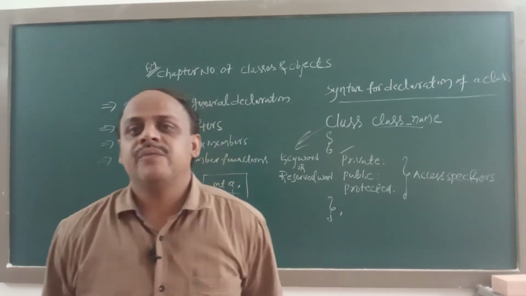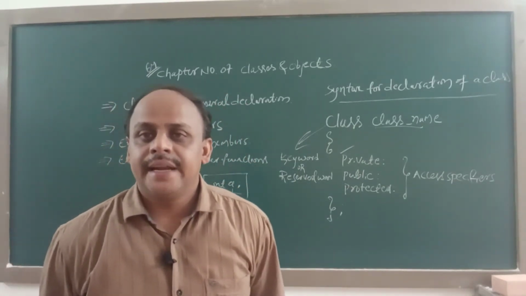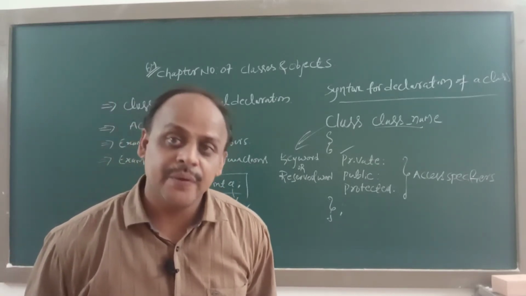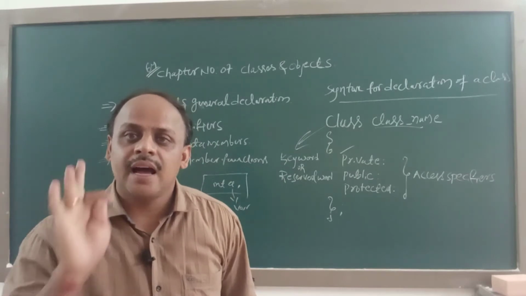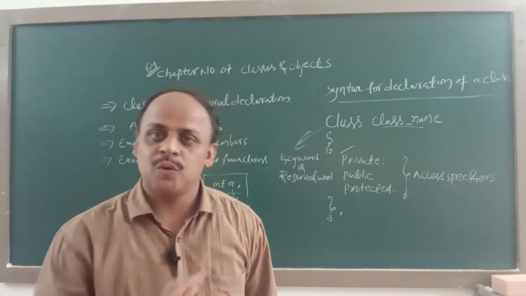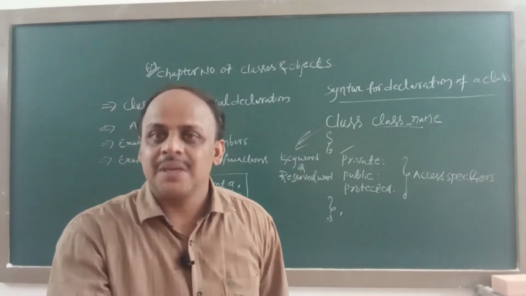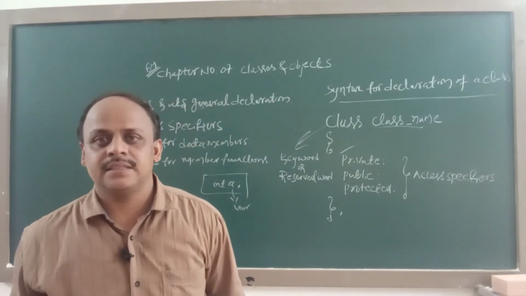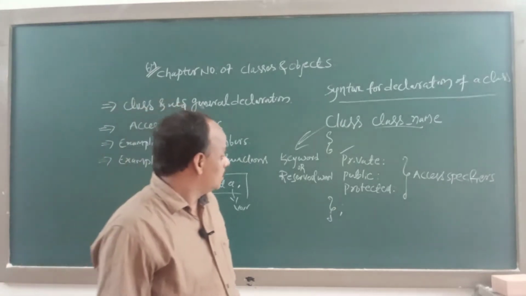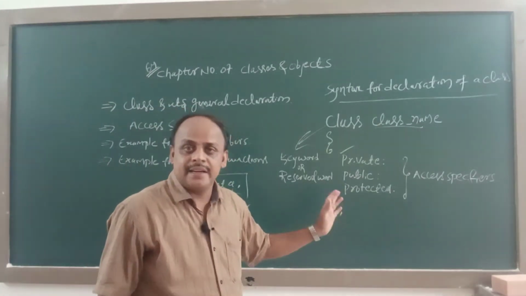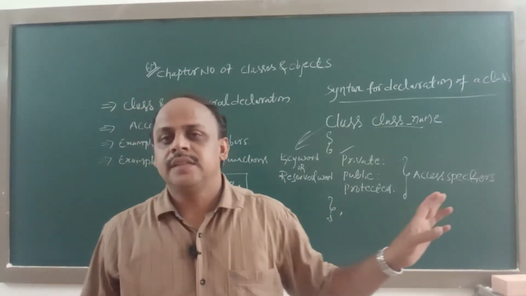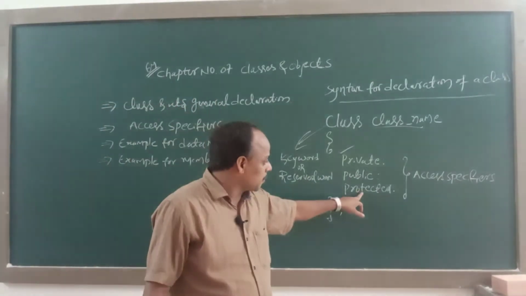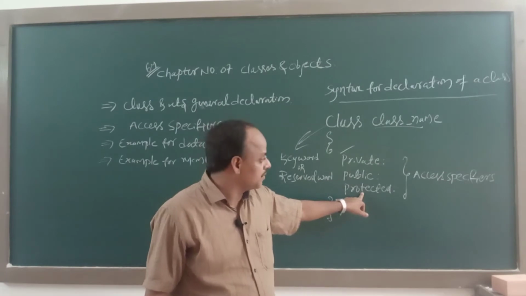What happens when we declare data members or member functions of a class under the private access specifier? They are accessible within the class only, and cannot be accessed outside the class. Similarly, suppose we declare members, data member or member function, under the protected access specifier mode.